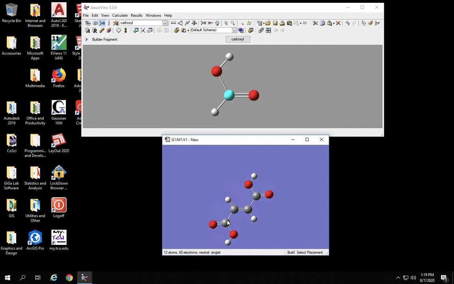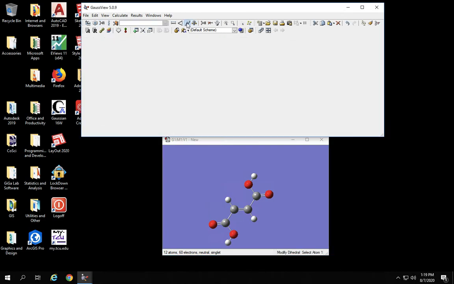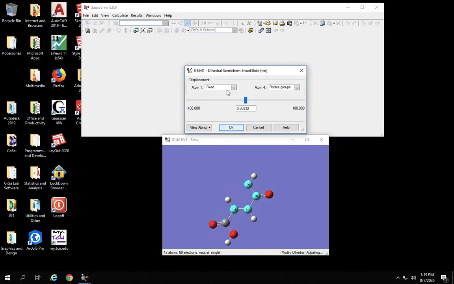Now I've got an initial guess at the optimized geometry that this molecule might have in the gas phase. I can generate other initial guesses if I like. For example, I can modify the dihedral angle about this first carboxylic acid group. So maybe it looks like this, or maybe it looks like that.